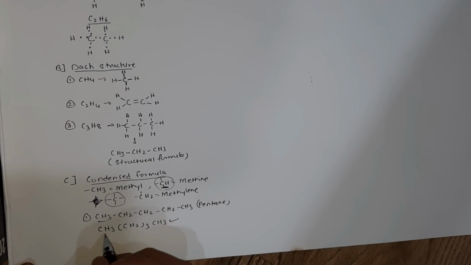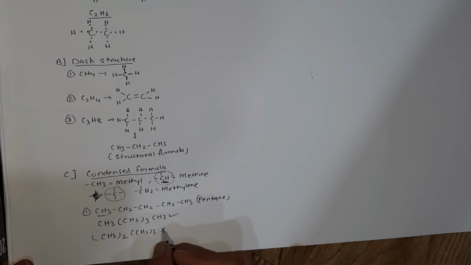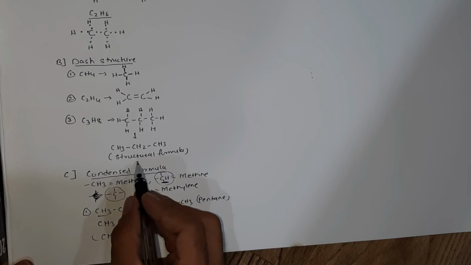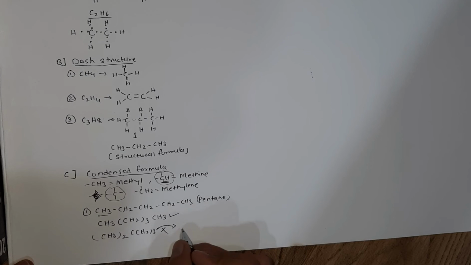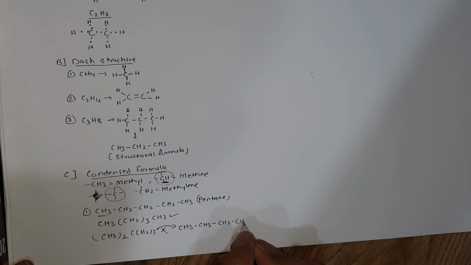But if someone writes CH3 twice, since there are 2 CH3, and CH2 thrice, this will be wrong. Why? Because when you open this and write the structural formula, it will look like CH3 attached to CH2, CH2, CH2, because these are in a row, in series, attached to each other.